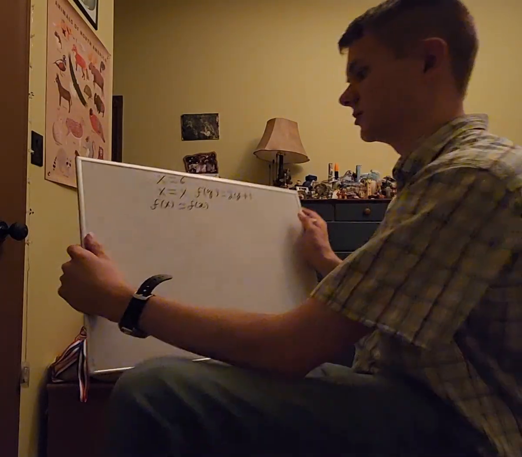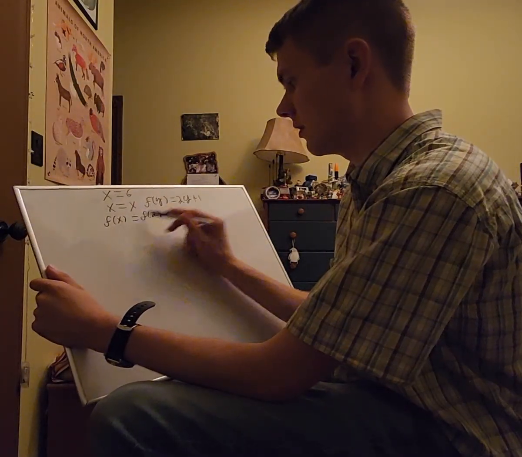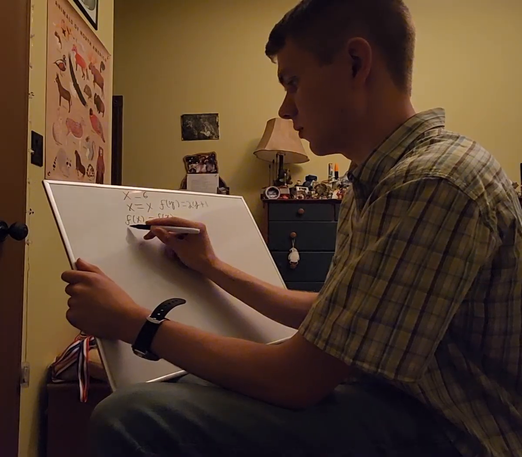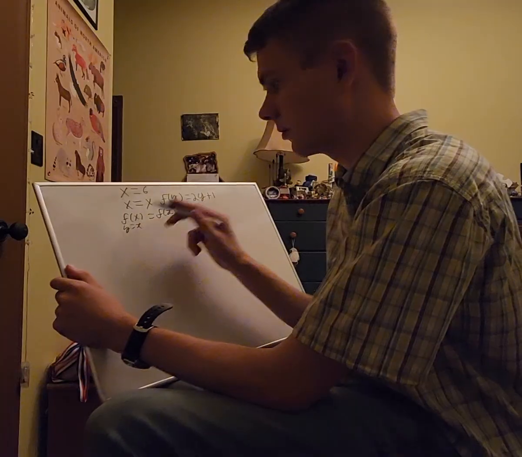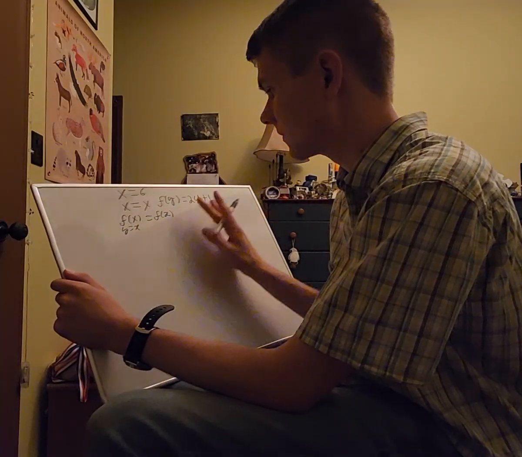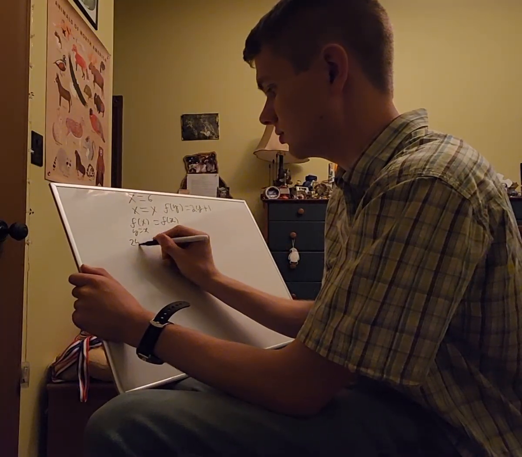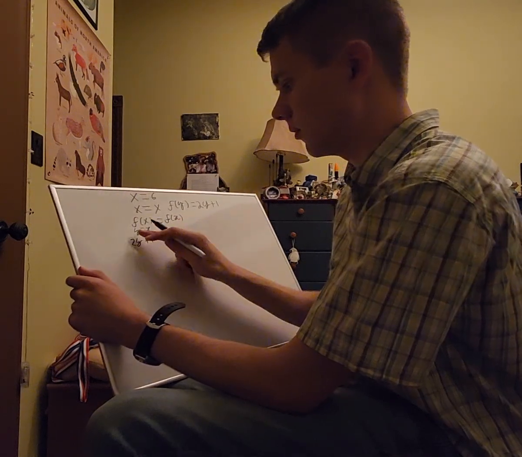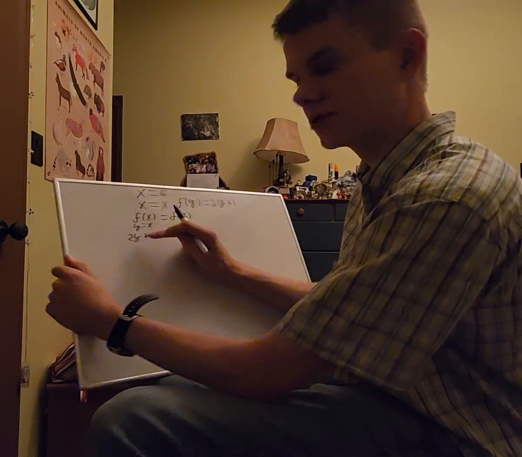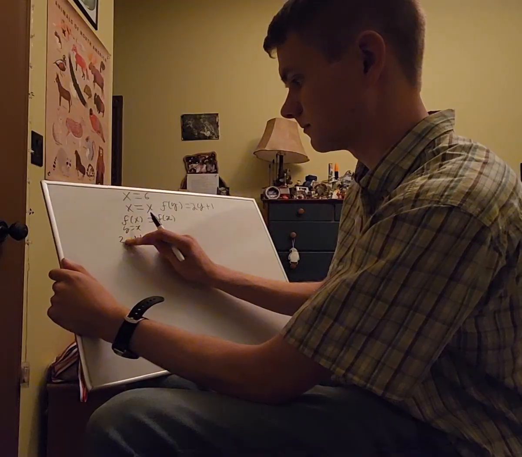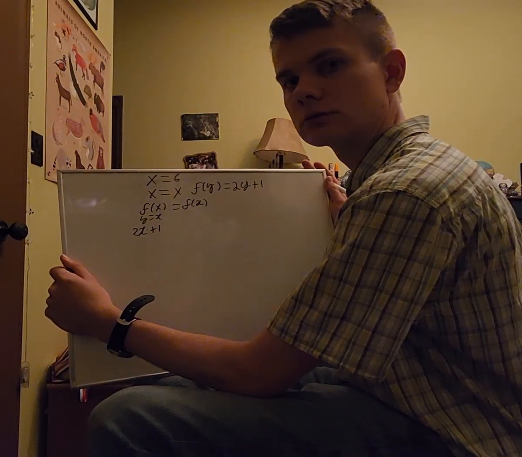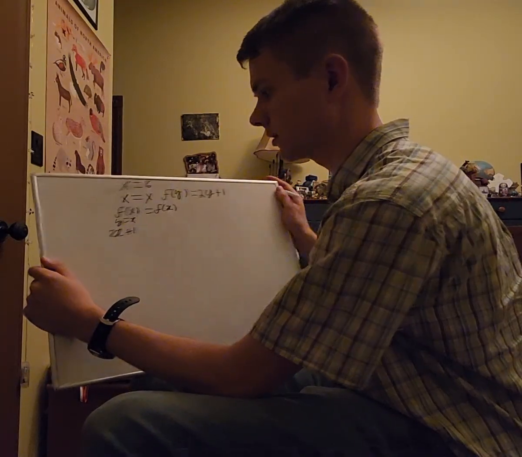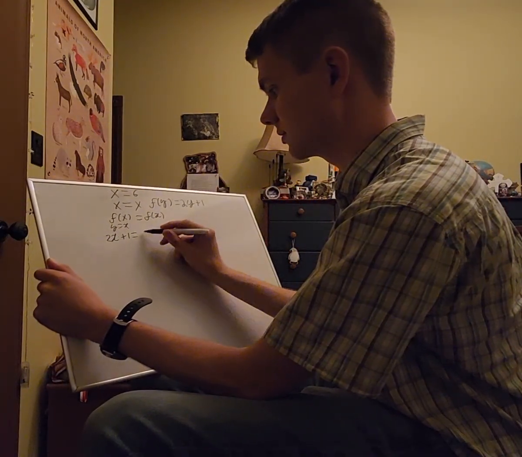Now we apply this. y is equal to x, because that's what we're putting in for y: the variable x. Hopefully that isn't too confusing. So now 2y plus 1, but y is equal to x, so it's actually 2x plus 1, and that again is equal to 2x plus 1.